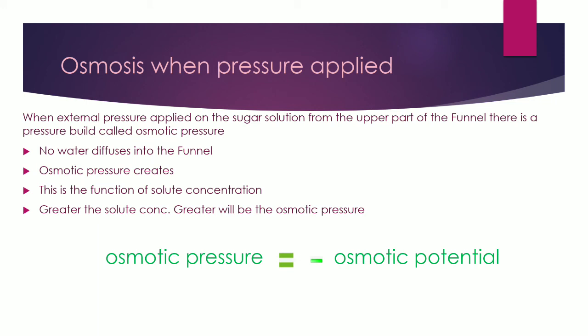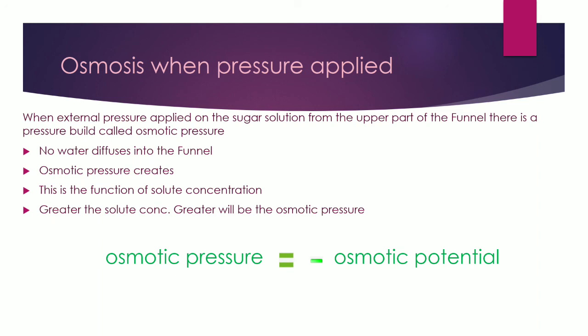What will happen if external pressure is applied on that? No water diffuses into the funnel. There is a barrier. The pressure creates a barrier, an external force which will stop the movement of water molecules into the funnel.